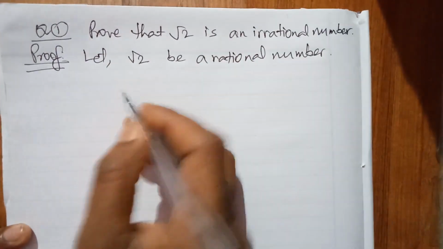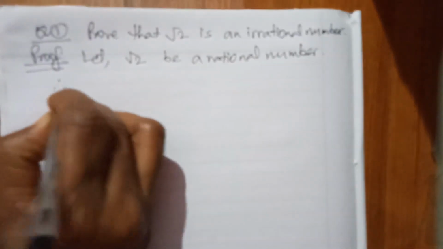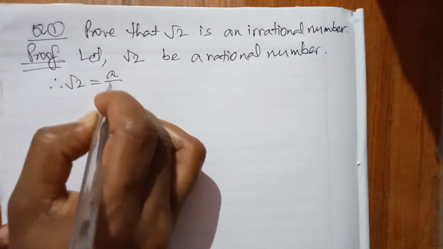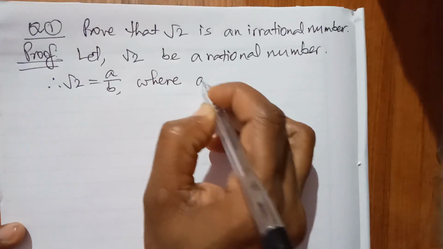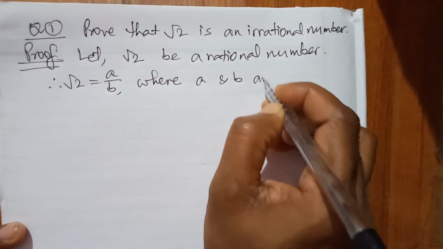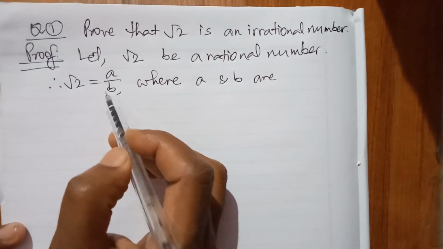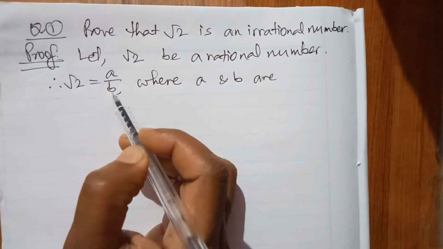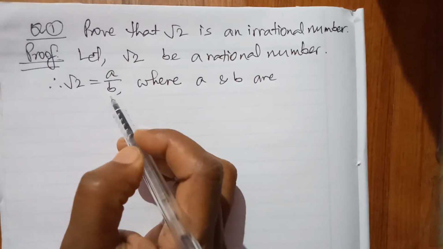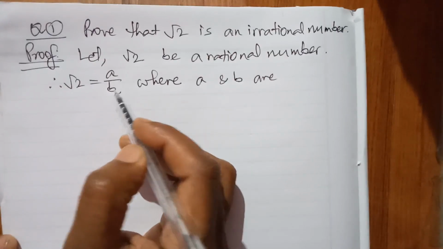rational number. And see, every rational number can be written in the form of a by b. Therefore root 2 can be written in the form of a by b, where a and b are, now see this rational number a by b, assume that this rational number is in simplest form, and if this a by b rational number is in simplest form, then both a and b are said to be co-prime integers or co-prime numbers.